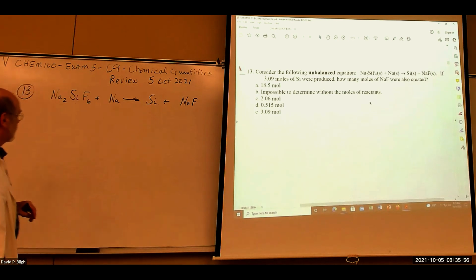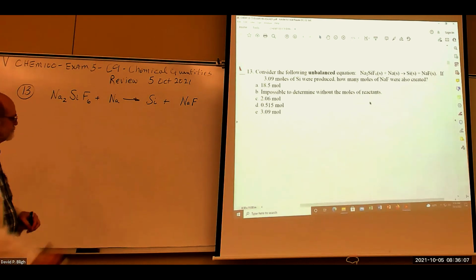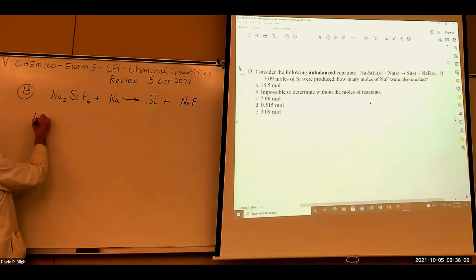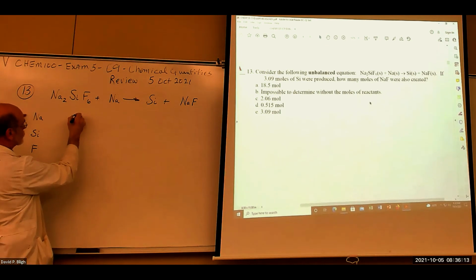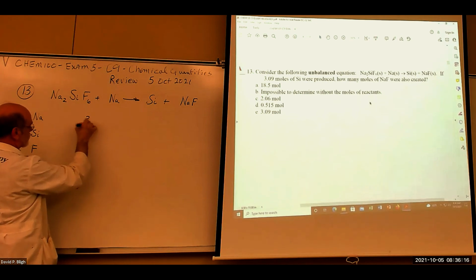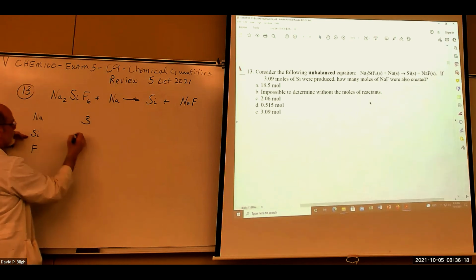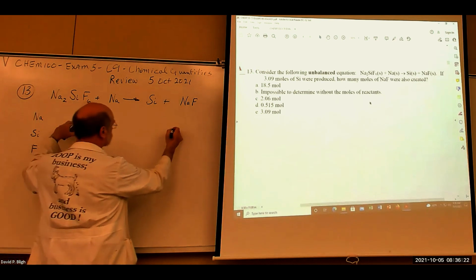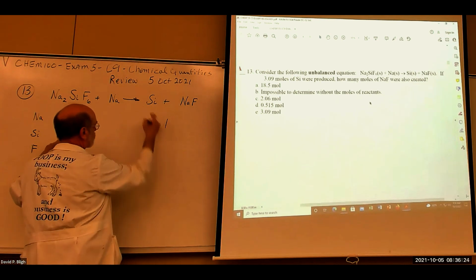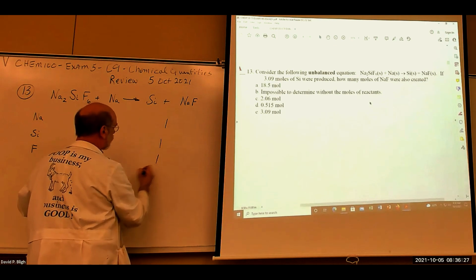Let's balance it. We could probably do this without the budget, but let's do the budget anyway. Sodium, silicon, fluorine. We have 2 sodiums, 1 silicon, and 6 fluorines on one side, and over here we have 1 sodium, 1 silicon, 1 fluorine.